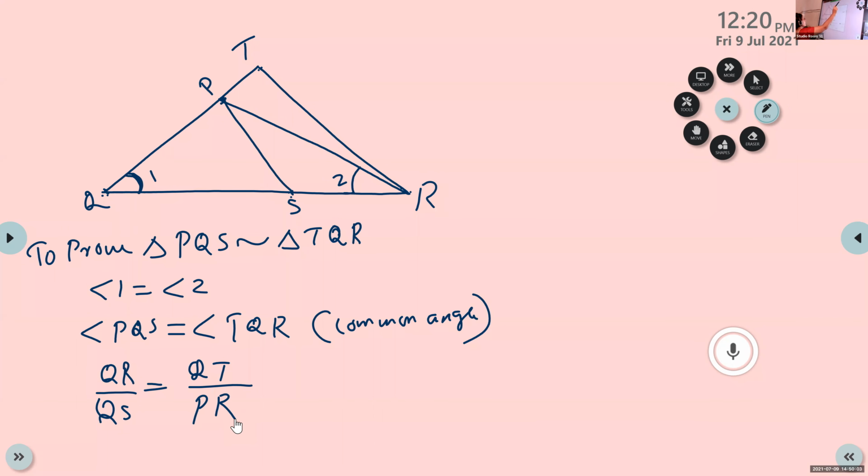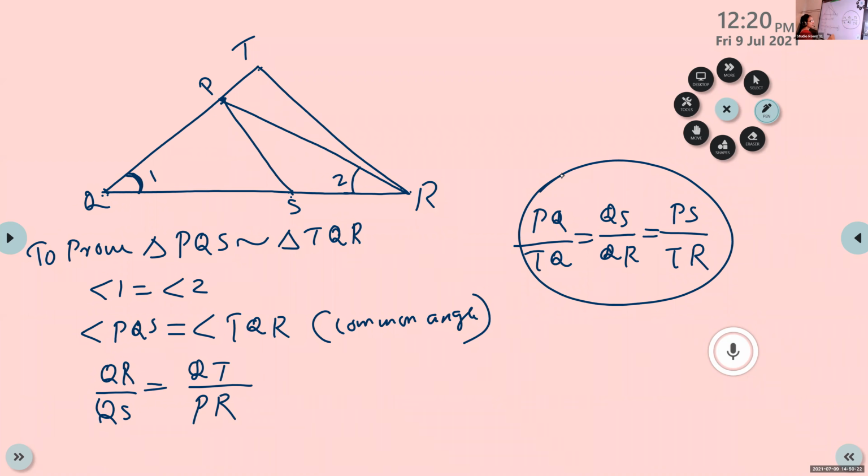See, in this question, I will explain. See, if it is PQ by TQ equal to QS by QR equal to PS by PR, we can say they are similar.